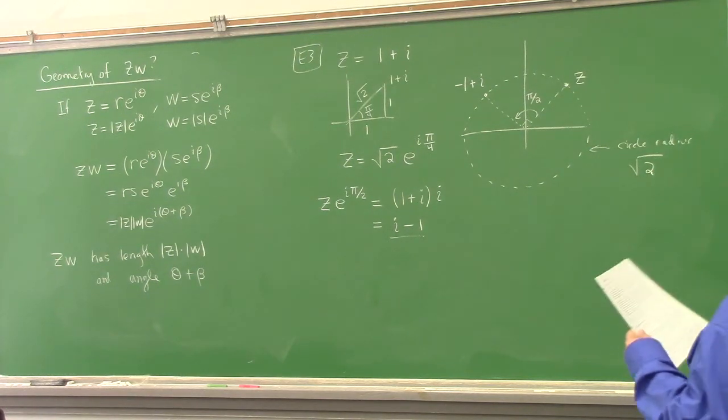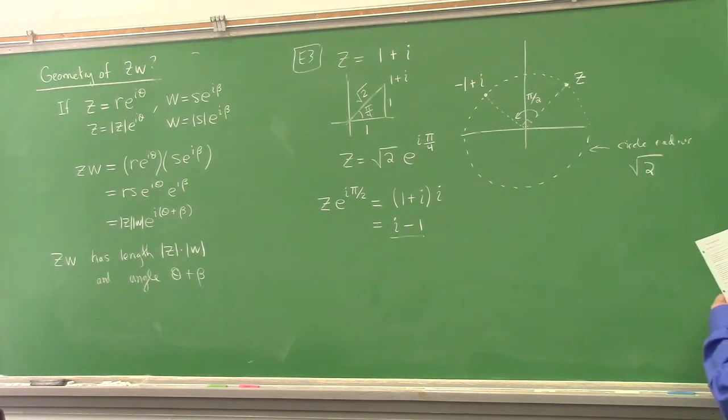All right? We denote arg z equals theta naught.